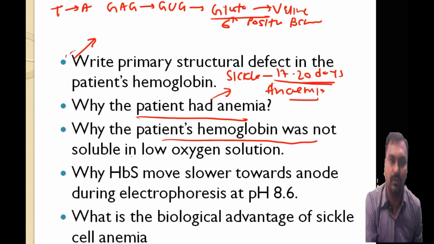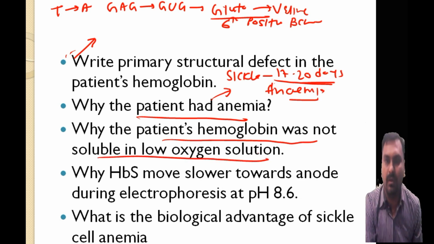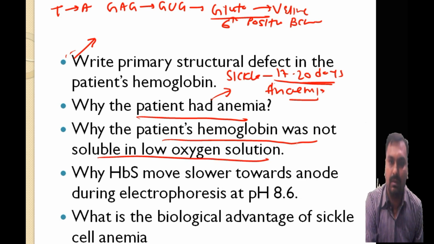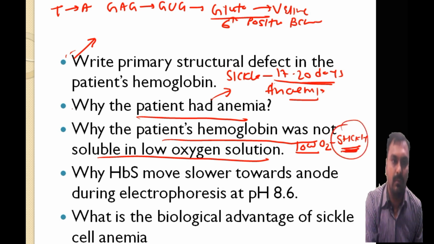Why was the patient's hemoglobin not soluble in low oxygen solution? Because low O2 favors the deoxy form of hemoglobin, which will polymerize with each other and form a fibrous structure.